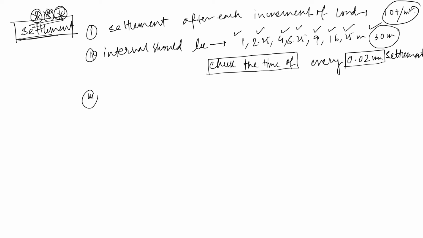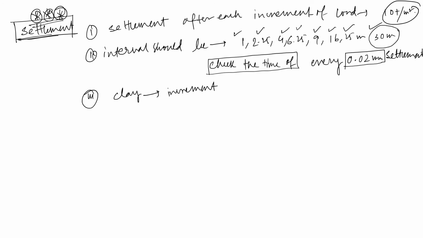Now point number 3. Now we talk about various types of soil. If soil is clay, then every increment lasts for not less than 60 minutes. Okay. Number 4.